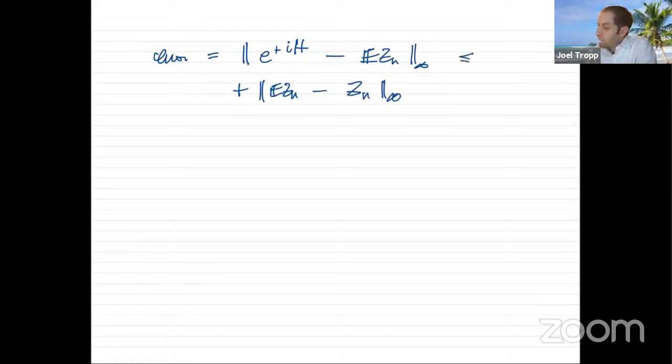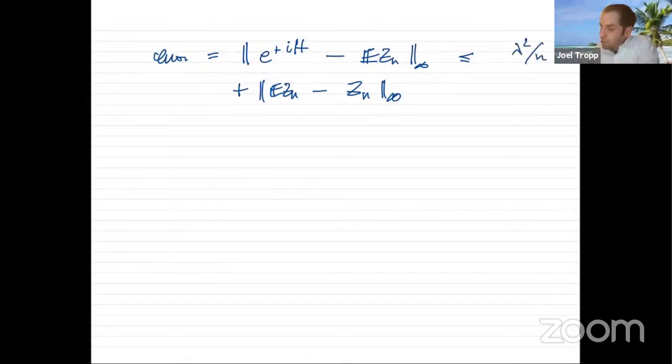This first term is controlled by a little bit of matrix analysis that I'm not going to talk about. It's not very hard. So maybe I should tell you what the bound is. So the first term is pretty small. It is lambda squared divided by n.